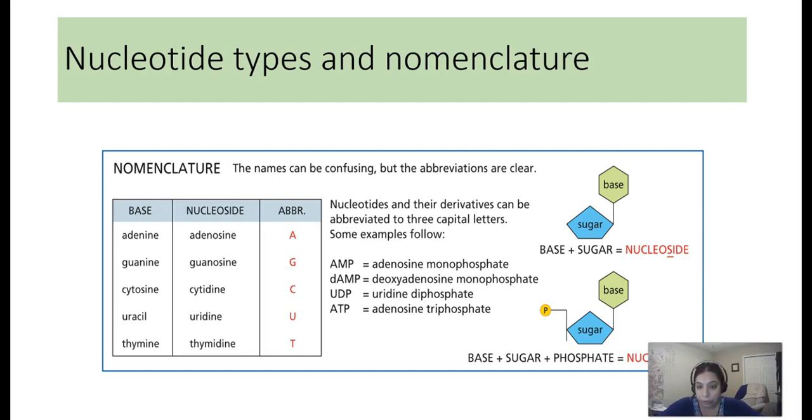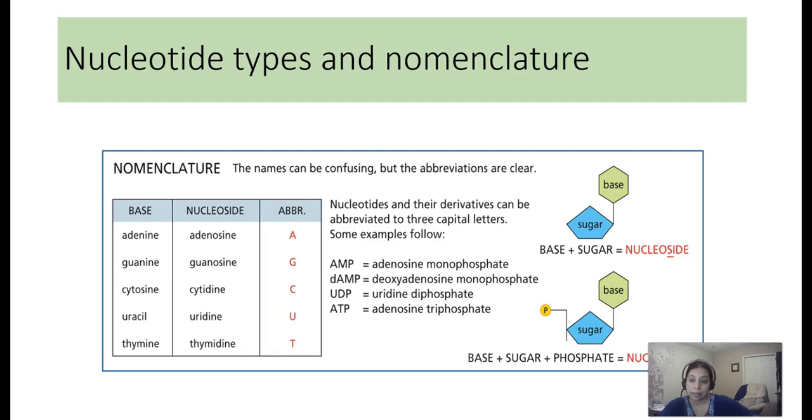When you have a nucleoside, on the other hand, it is the base that is already attached to its associated sugar molecule, whether it be deoxyribose or ribose. And so it will be called by the nucleoside name. So adenine becomes adenosine, guanine becomes guanosine, cytosine becomes cytidine, and thymine becomes thymidine.